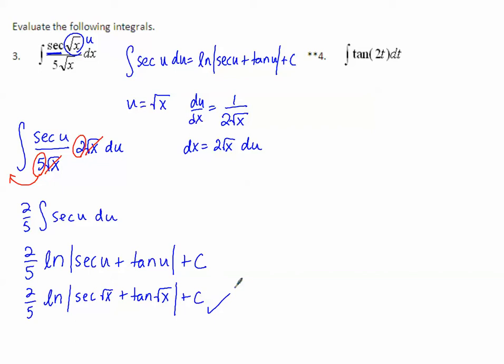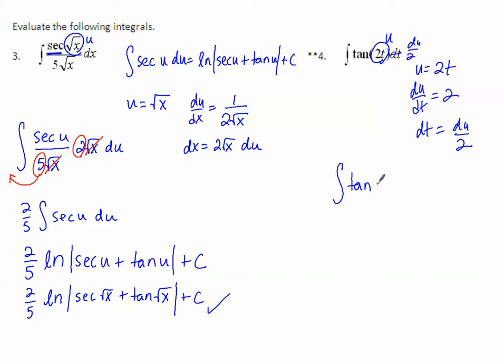Number 4, why don't you try it on your own? Pause the video, come back, see if you got it. So what's in the tangent function? I'm going to call it my u, and du, this time with respect to t, is 2. dt is du over 2. Plug it in there, du over 2. So rewrite my integral. Tangent of u times du over 2. Well, the over 2 is a little bit of a bother, but it's just a constant multiple.